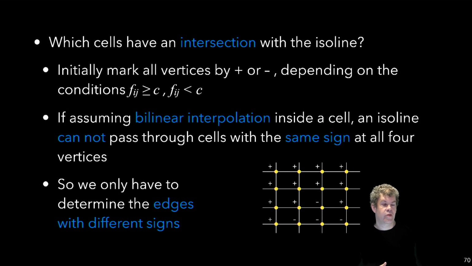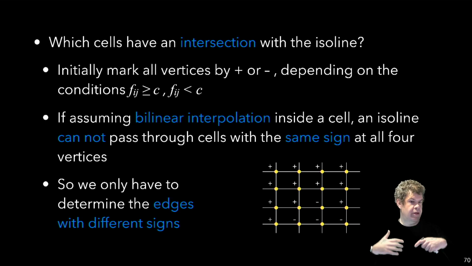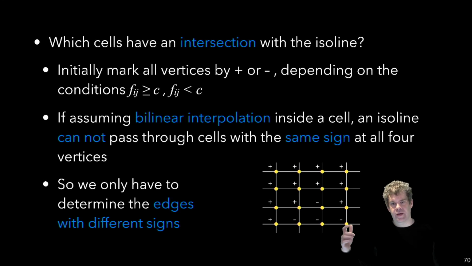So what do we start with? Well, we first start with a simple classification. We take our cell, again, I said we start cell by cell. So we take this cell here, for instance, and we simply look at whether the cell vertices, and there are 4 of those, are above or below, and maybe below equal, never mind the equal here, the given ISO value.